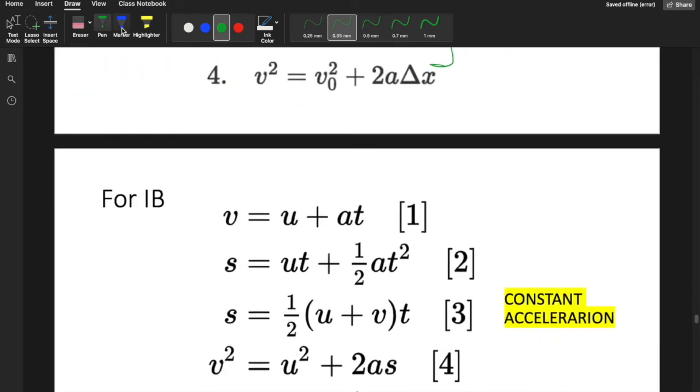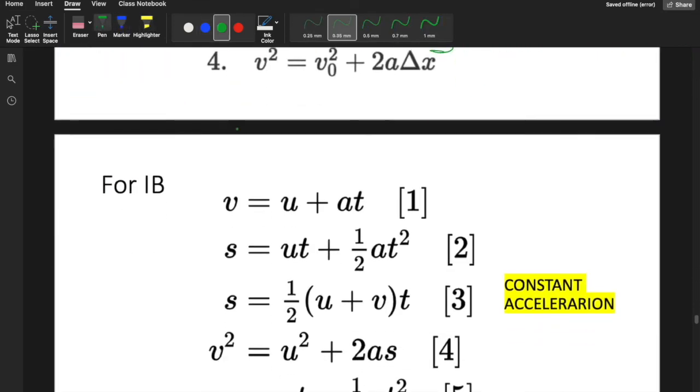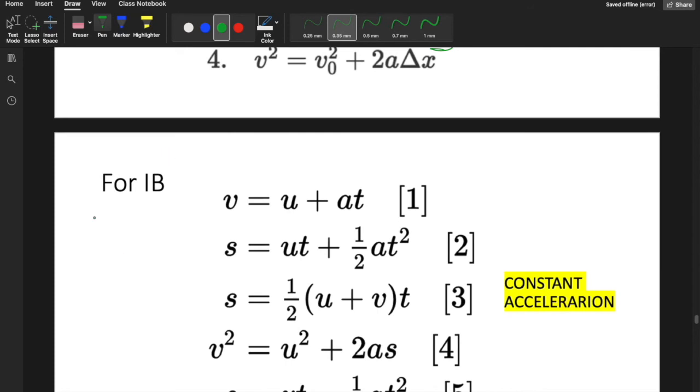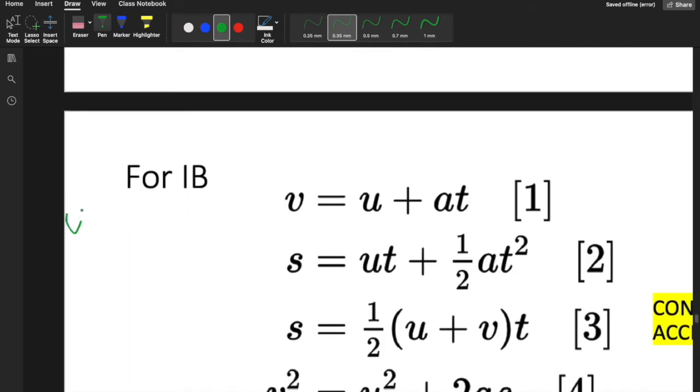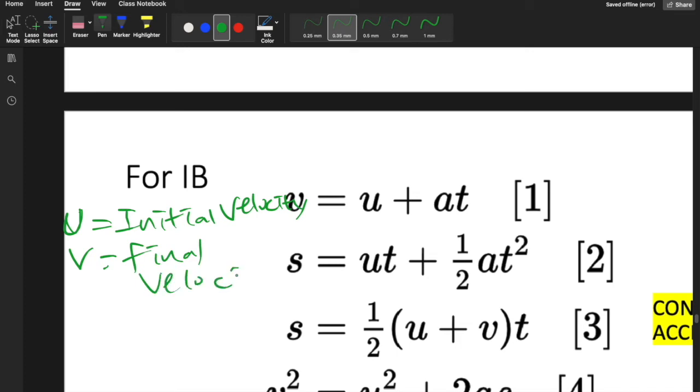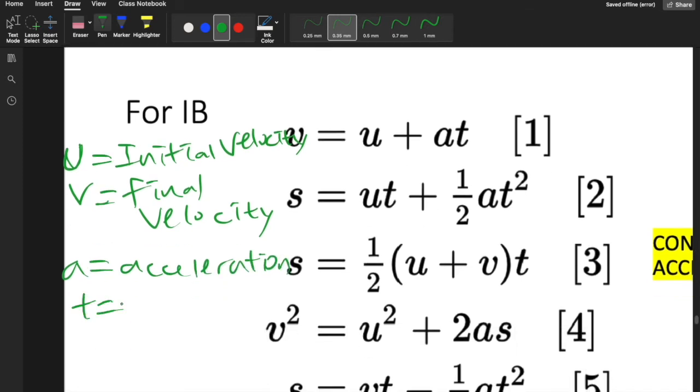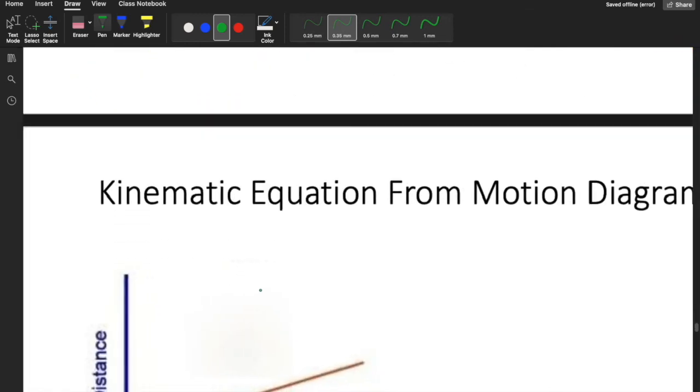For IB students, they use different letters to represent initial velocity. So u is initial velocity, and v is final velocity. a is acceleration, t is time, s is displacement, right?